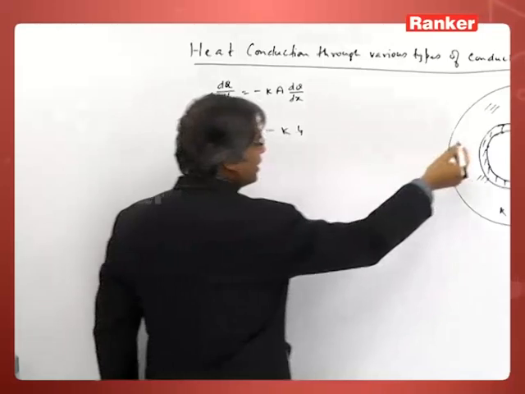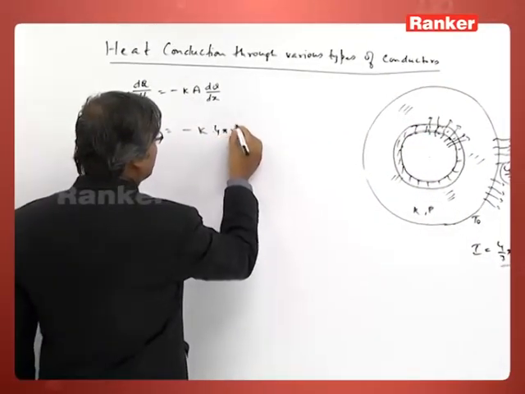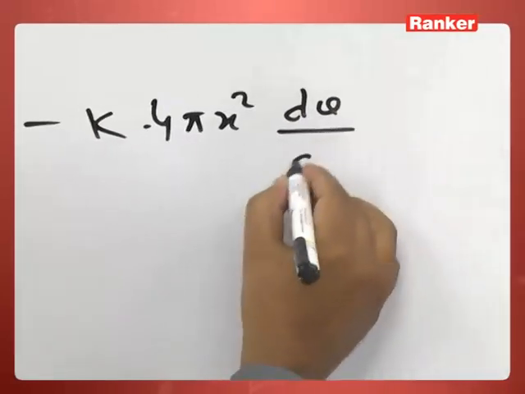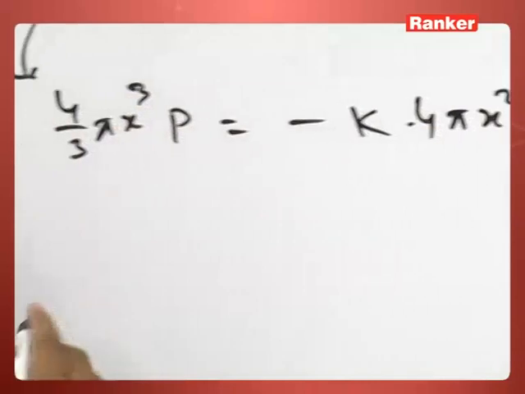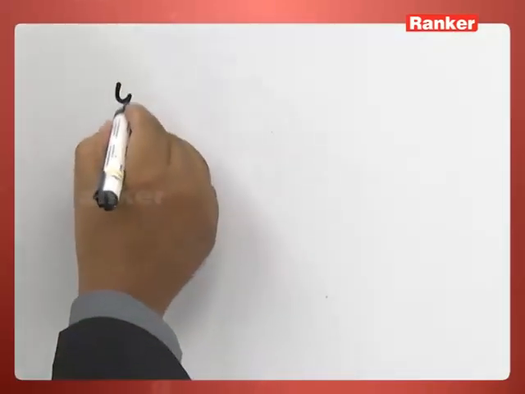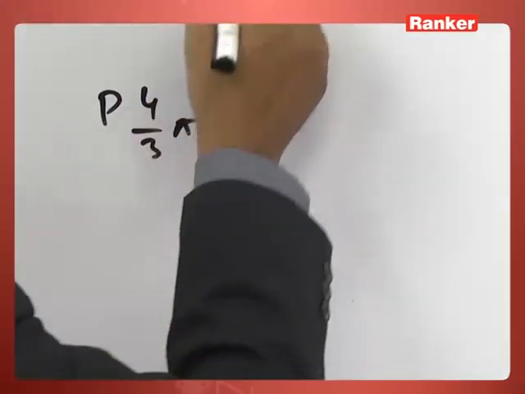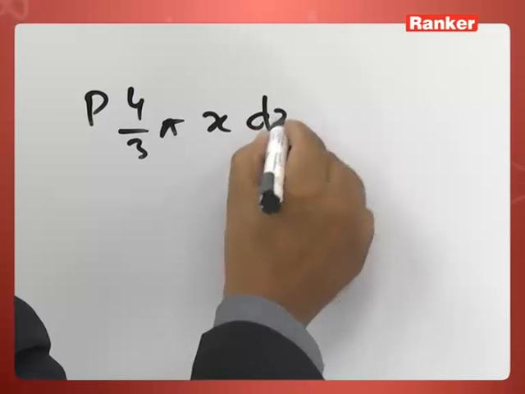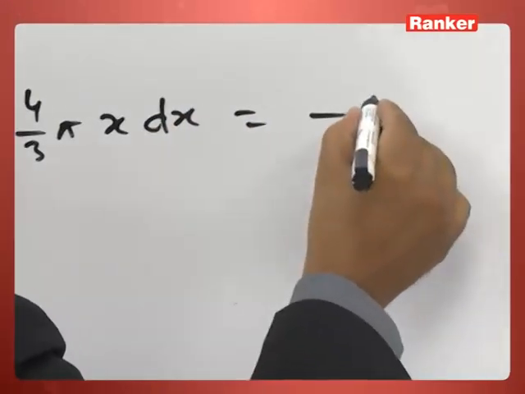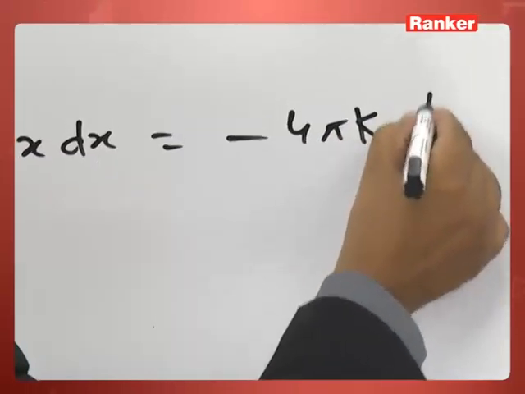What is the area of cross section through which heat enters? That is 4 pi x square into d theta by dx. So, here we will bring all x to this side. So, we have 4 by 3 pi P into x cube by x square, so this is x dx, is equal to minus 4 pi k d theta.